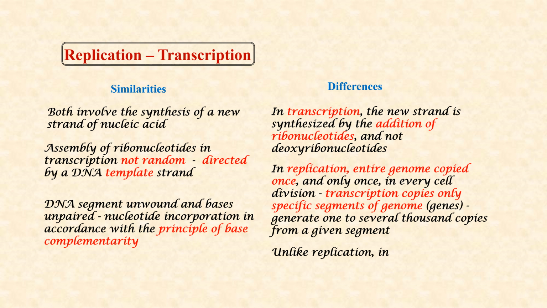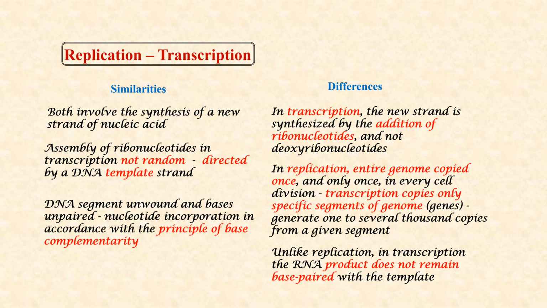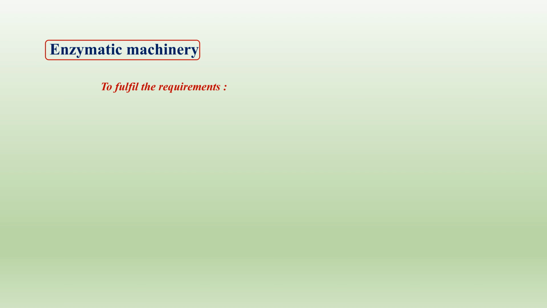Further, unlike replication, in transcription, the RNA product does not remain base paired with the template. Hence, for transcription, there is a need for an enzymatic machinery that fulfills the following requirements.